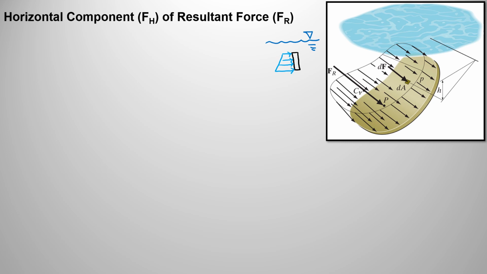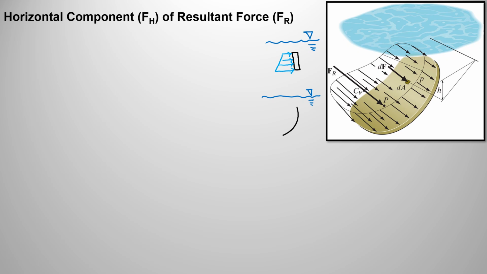Now, if we have a submerged curved plate underwater, something like this. This is a submerged curved plate. In addition to the magnitude of pressure, the direction of pressure will change too. Why is that? Because pressure arrows should be perpendicular to the surface, to the plate.